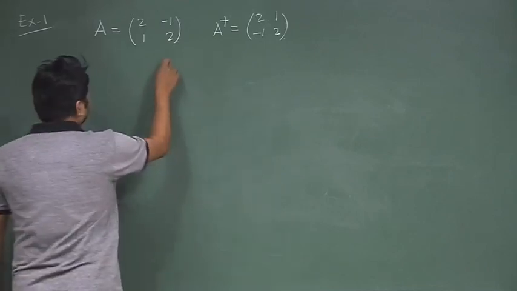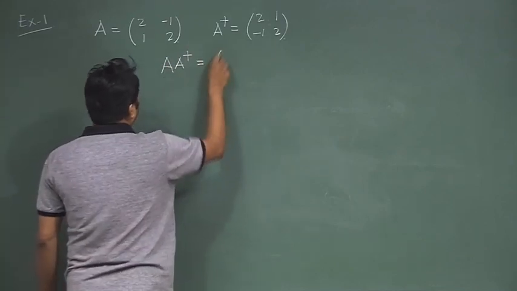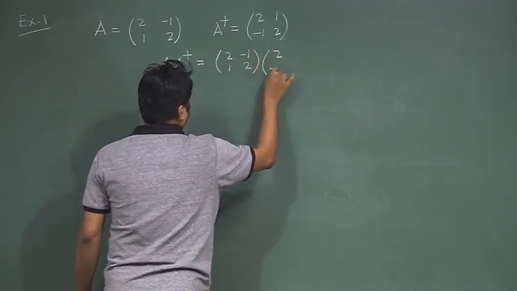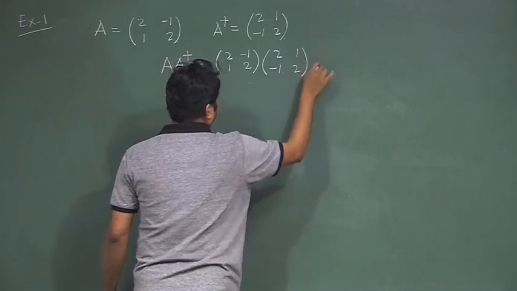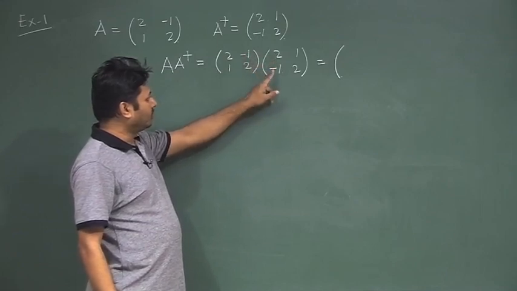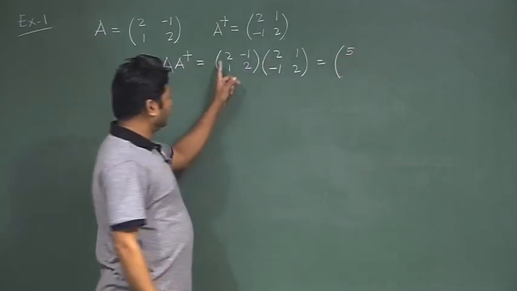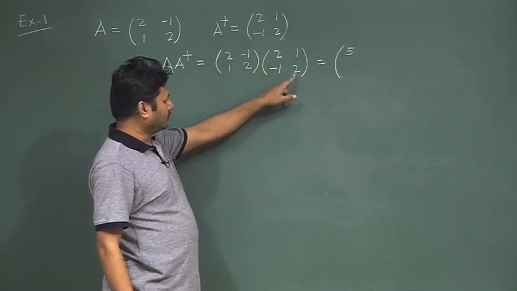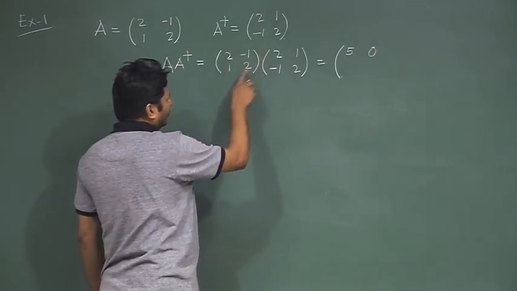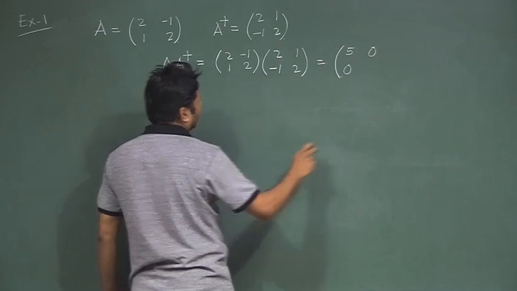Now I need to find out whether they commute or not. So, I will first find this quantity, A Dagger A: 2 minus 1, 1 2 times 2 1, minus 1 2. What do I get? 2 into 2 is 4, 1 into 1 is 1, so 2 plus 1 is 5. 2 into 1, 1 into 2 with a negative sign, so it will be 0. 1 into 2, 2 into 1 with a negative sign, so it will also be 0. 1 into 1, 2 into 2, it is 5.